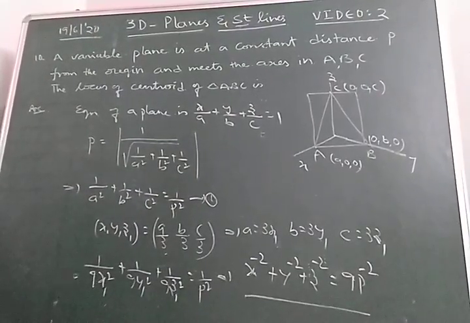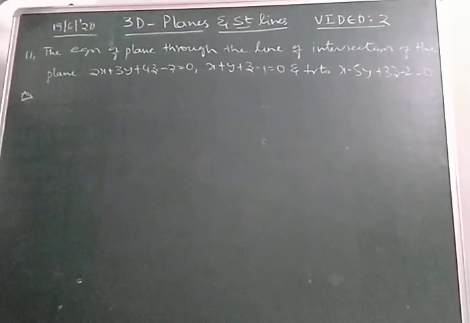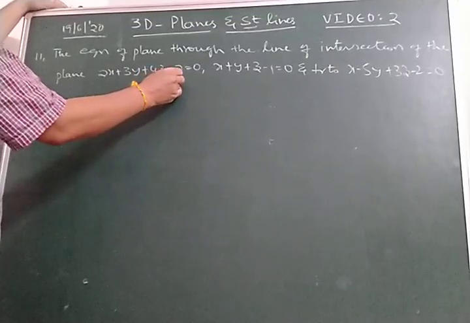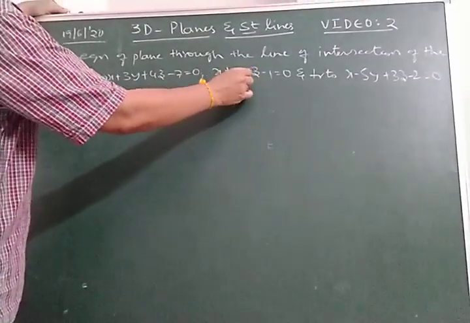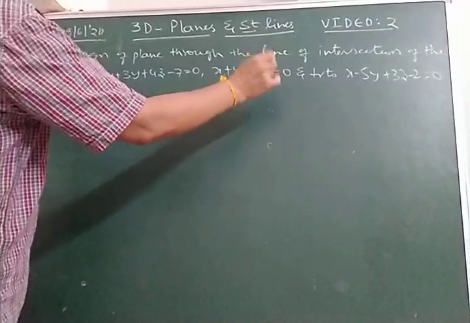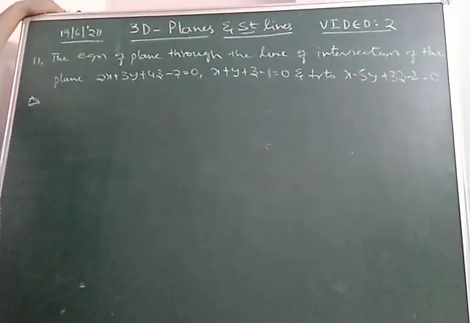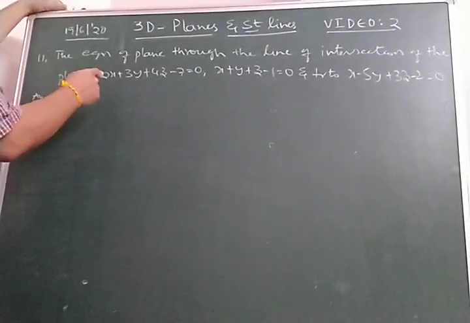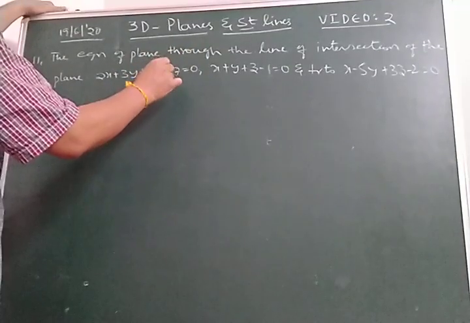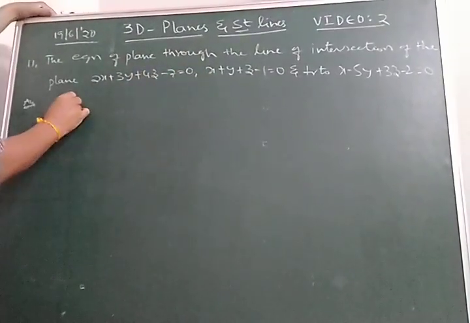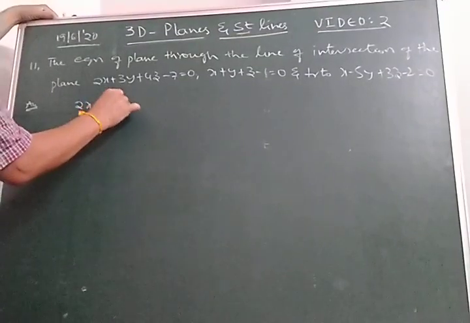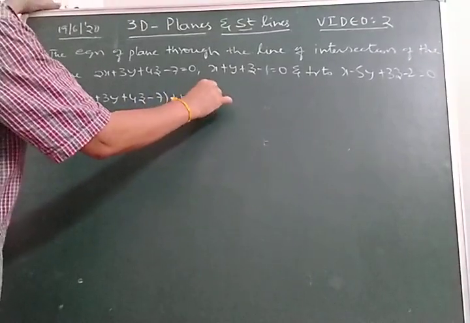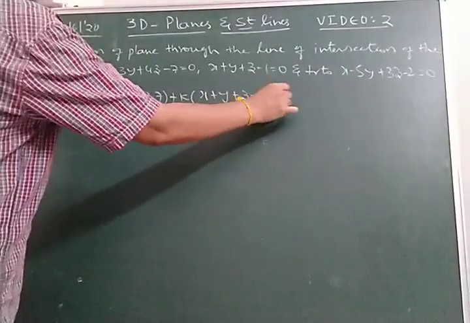Find the equation of the plane through the line of intersection of the planes 2x plus 3y plus 4z minus 7 is equal to 0, x plus y plus z minus 1 is equal to 0, and perpendicular to x minus 5y plus 3z minus 2 is equal to 0. So the equation of the plane passing through the intersection of the planes is 2x plus 3y plus 4z minus 7 plus k into (x plus y plus z minus 1) is equal to 0.